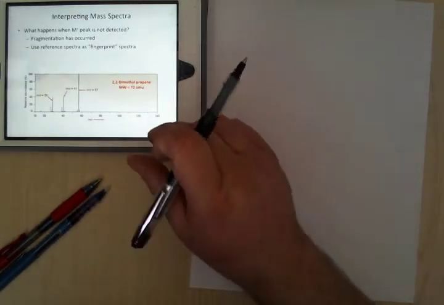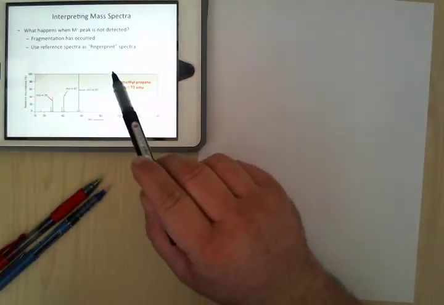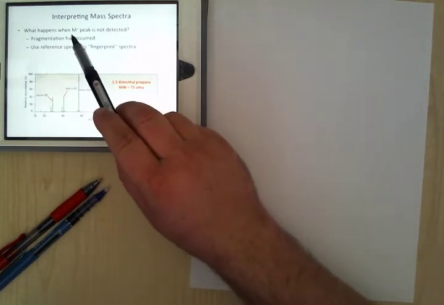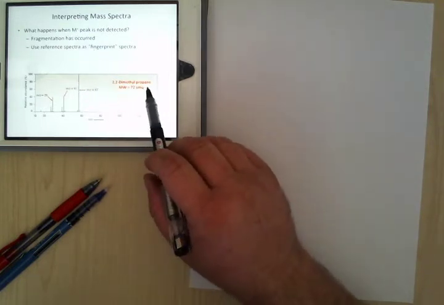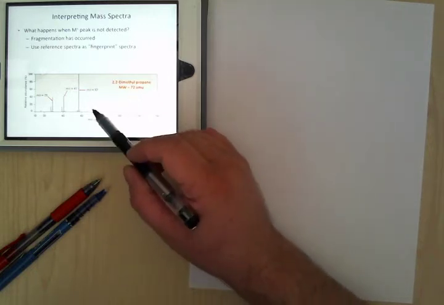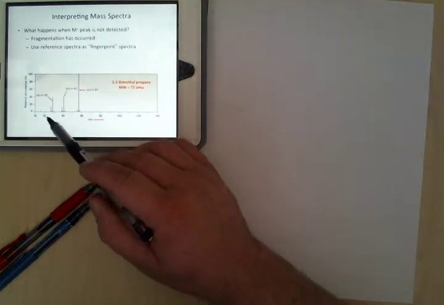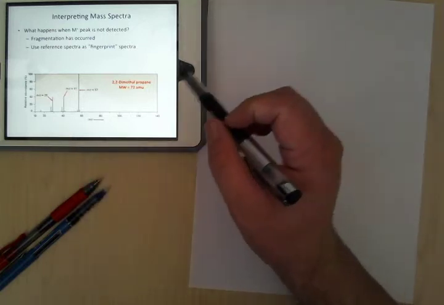Now, there are times where the parent ion is not the M+. If we put in 2,2-dimethylpropane, it has a molecular weight of 72. We should see a peak here, but we're not. What's happening is the molecule's fragmenting too much before it gets down to the detector.